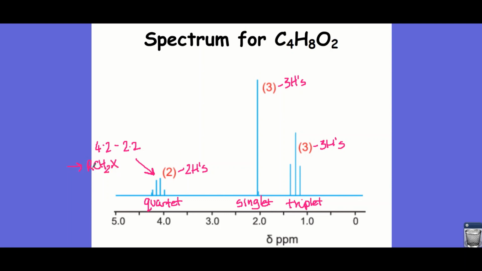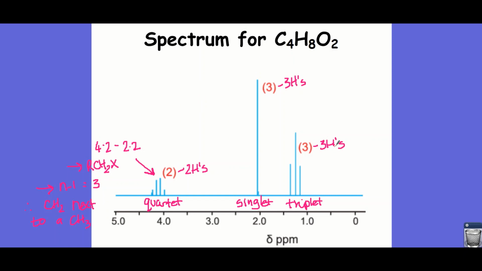Now, this R just means the rest of an alkyl chain, and this X means a different functional group. It could be anything: a hydroxyl, an ester link, a carbonyl. It just represents something else. It's a quartet, so if I use my N minus 1, it gives me 3. So it means that this is a CH2 that sits next to a CH3.